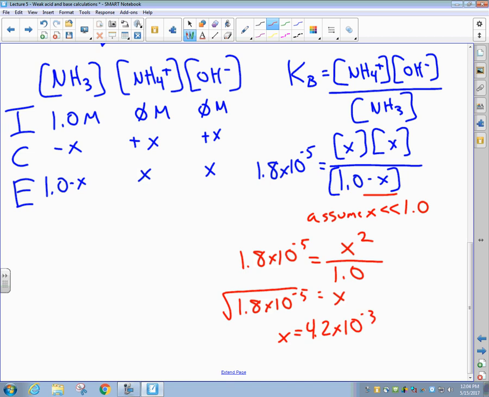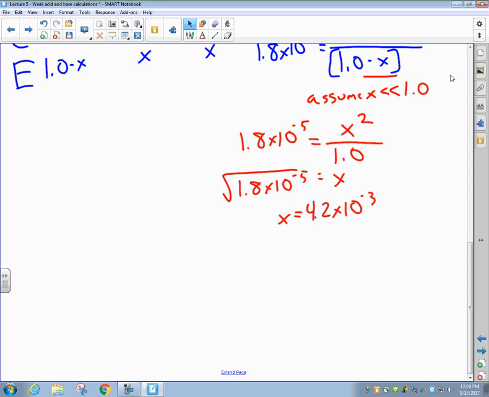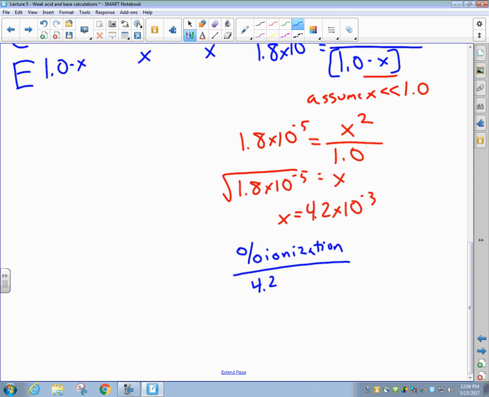We have to check our assumption since we made it. We now know that we're calling check assumption by a new name, percent ionization. So we have 4.2 times 10 to the minus third divided by the 1.0 times 100, and that's going to give me 0.42%, less than 5, and that is good.